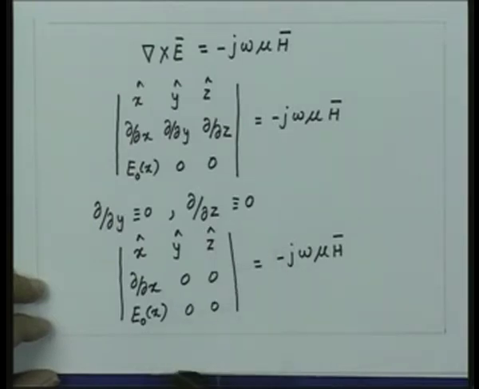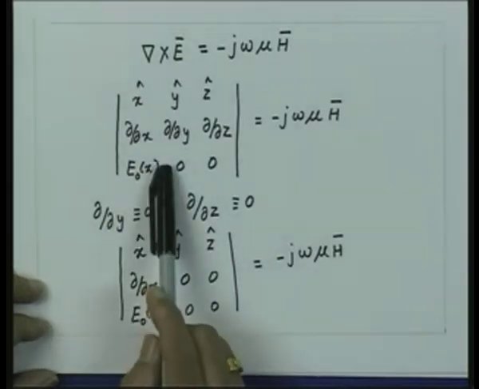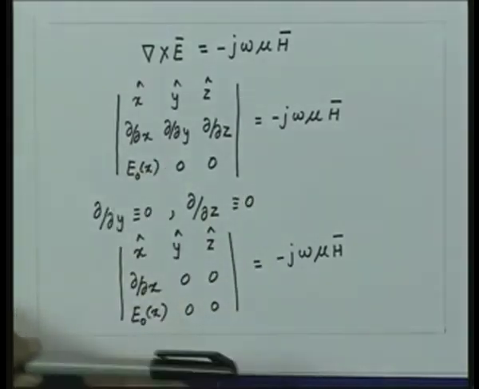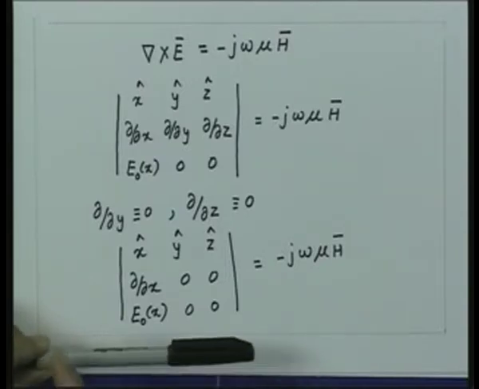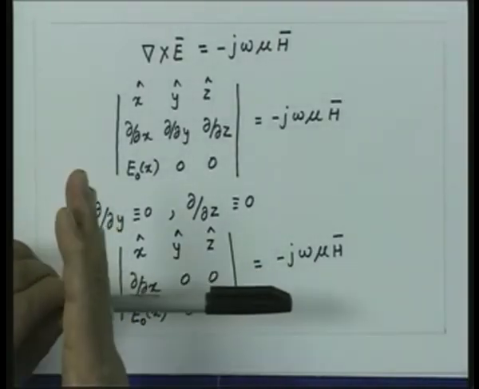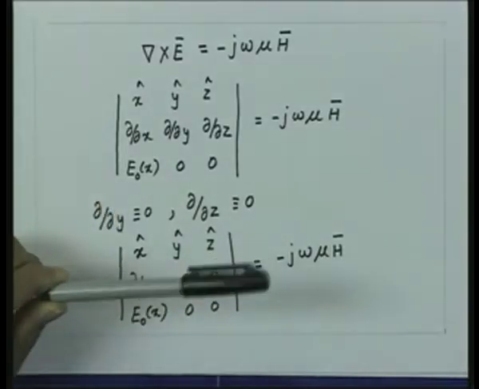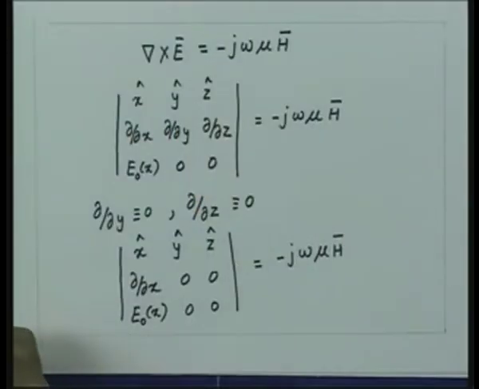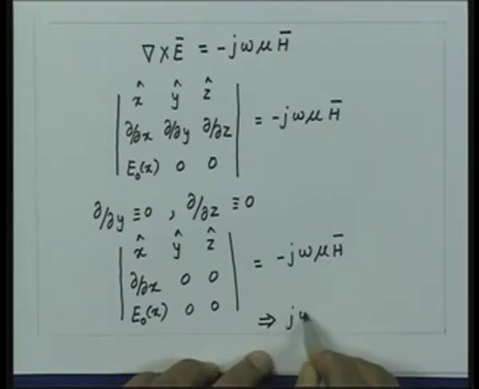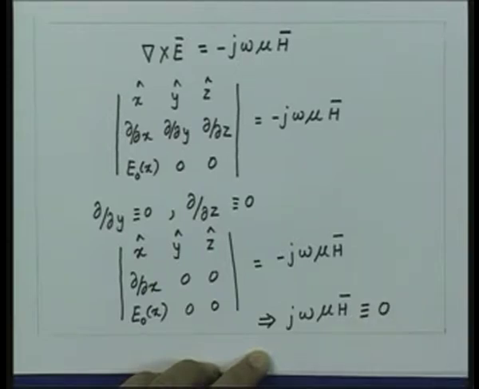So, what that means is that for this field, which was oriented in the x direction and was constant in a plane perpendicular to that, so it does not have any variation in this direction, minus j omega mu into h is identically 0. So, this gives me that j omega mu h is equal to 0.